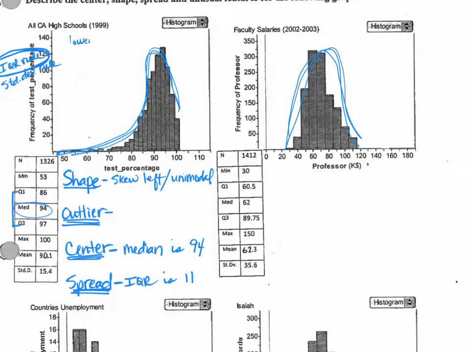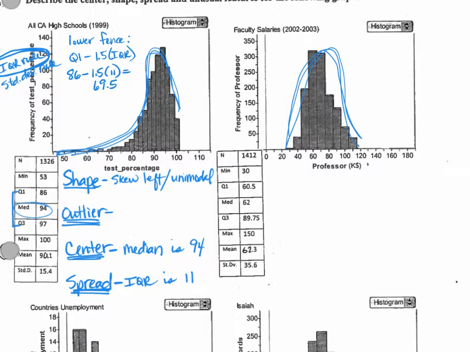It doesn't appear as though there are upper outliers. So I'm going to do the lower fence, and that would be the lower outlier fence. It is Q1 minus 1.5 IQRs. So when I do that, the value of 86 minus 1.5 times 11 brings me to 69.5.